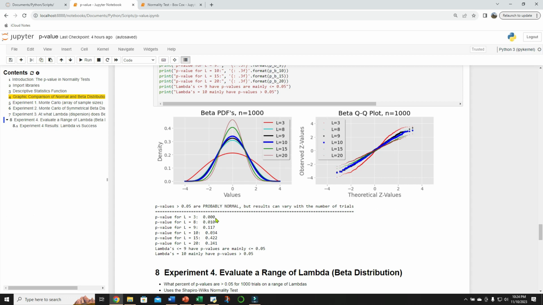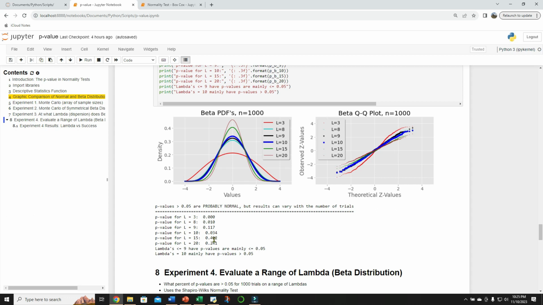At 3, the p-value is 0, so none of the trials worked. At a lambda of 8, everything's less than 0.05. When we get to a lambda of 9, we're greater than 0.05. At 10, we're less than 0.05. At 15, we're greater than 0.05. And at 20, we're greater than 0.05.